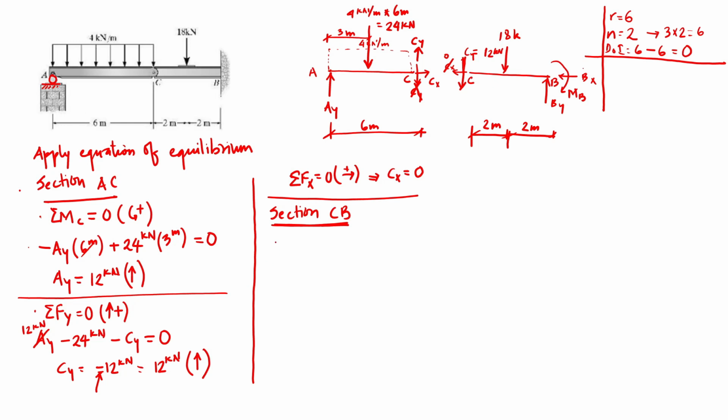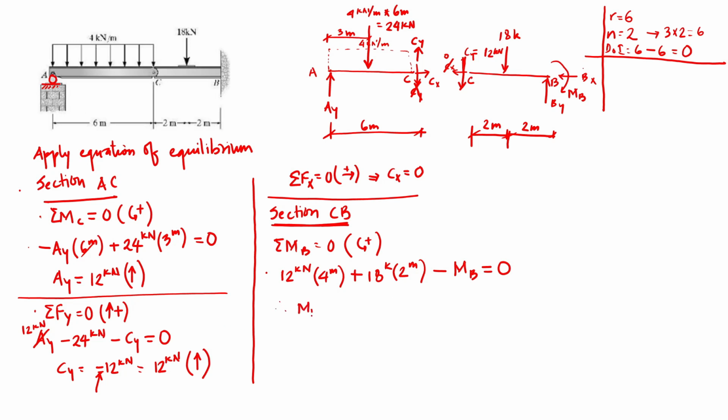So if we take moment at point B equal to 0, considering counterclockwise positive, CY is applying counterclockwise, so 12 kilonewton of counterclockwise moment with moment arm 4 meters. The external load 18 kilonewtons is applying counterclockwise moment as well, so positive 18 kilonewtons with moment arm 2 meters, and there's a clockwise moment MB that we assumed, so negative MB. Summation of all these would be equal to 0.